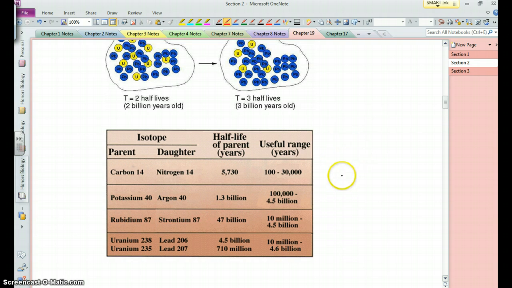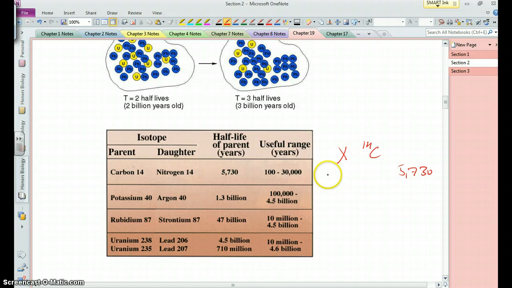So in a sample of some organic material that has carbon in it, you'll have a certain amount of carbon-14. Well, after 5,730 years, you will only have half of the original amount left. And so that's basically the first half-life.